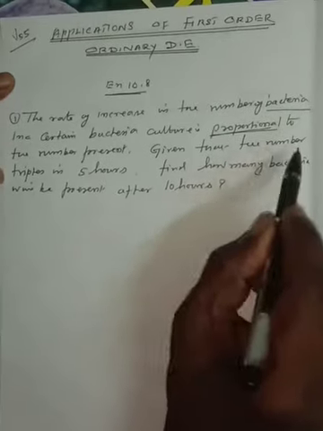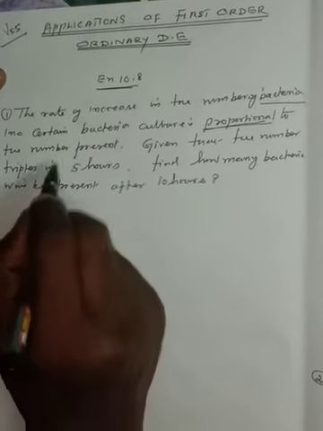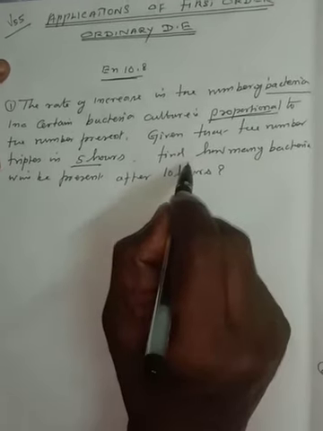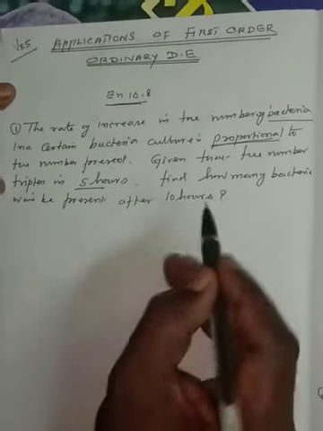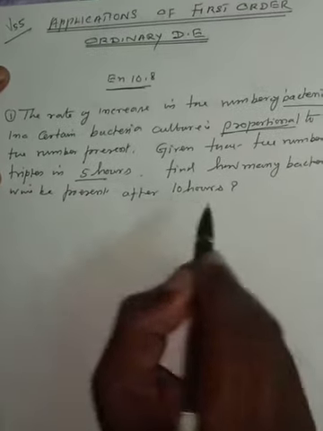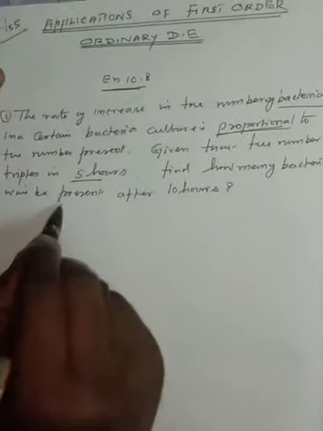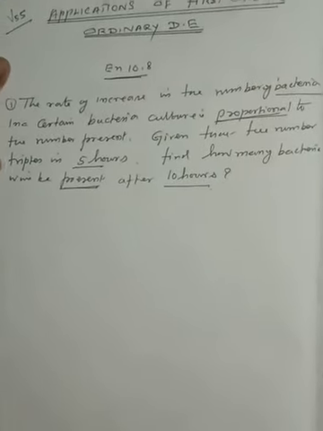Given that the number triples in 5 hours, find how many bacteria will be present after 10 hours. First, the initial stage, then 5 hours, and after 10 hours how many bacteria will be present. This is the question.